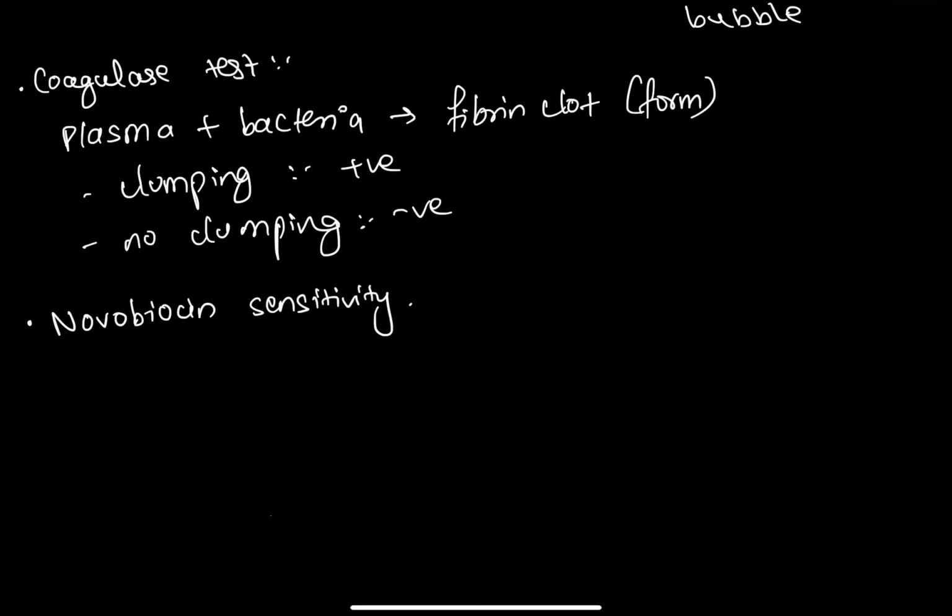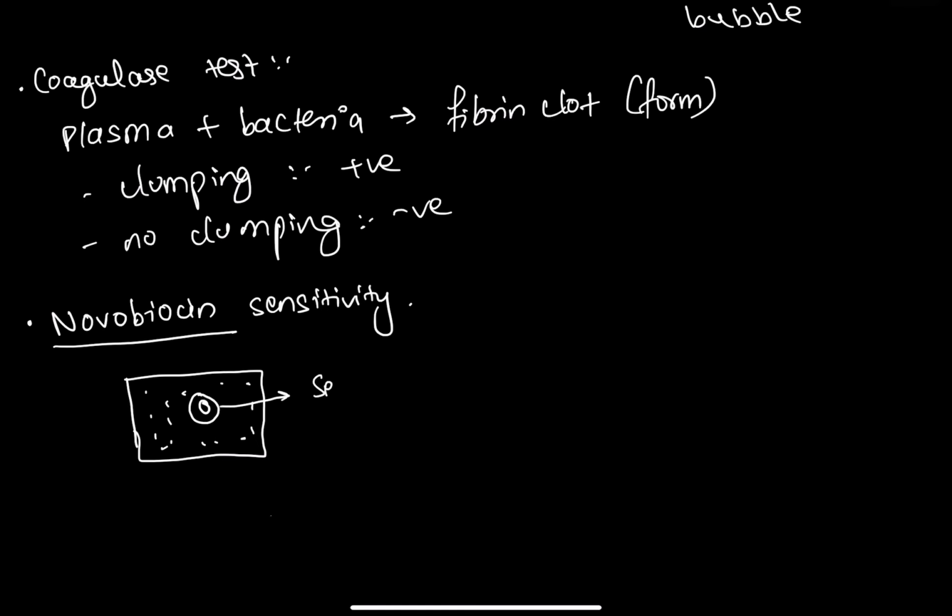In this test, there will be one agar in which there are a lot of bacteria. We will put a novobiocin disc on this agar. If the organism is sensitive to novobiocin, then there will be a clearance zone around this disc. These are the organisms that are sensitive, and the example is Staph epidermidis.